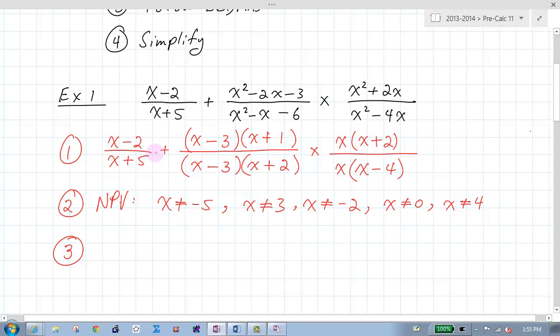If I follow BEDMAS, BEDMAS says do multiplication before addition and subtraction, right? So this multiplication would have to be done before this addition on the left. So that's what I'm going to do.